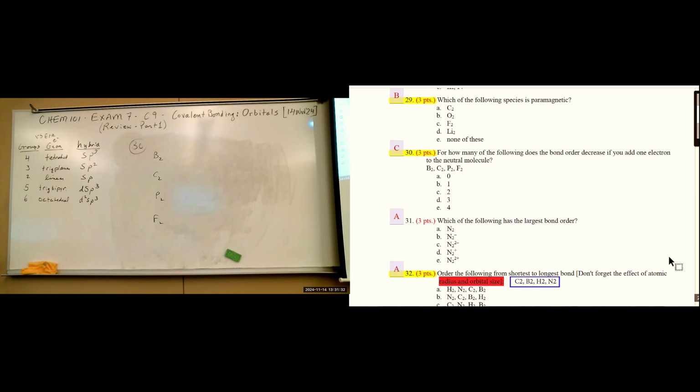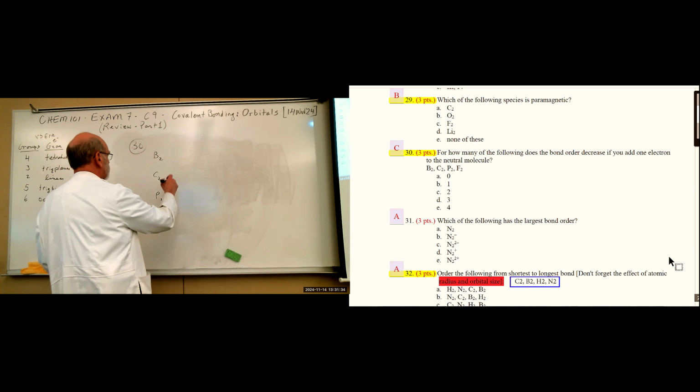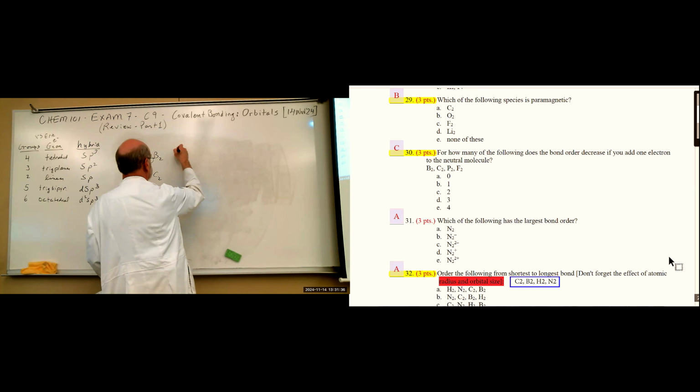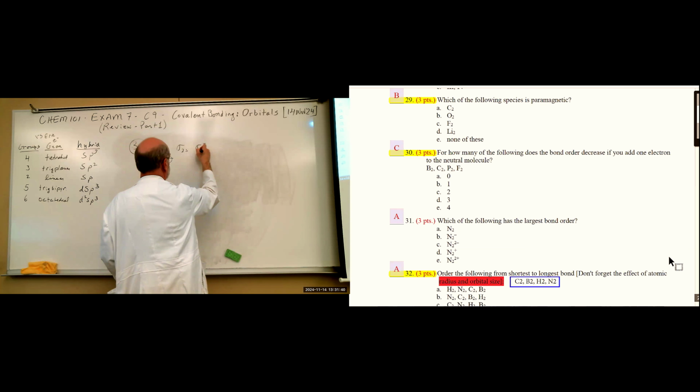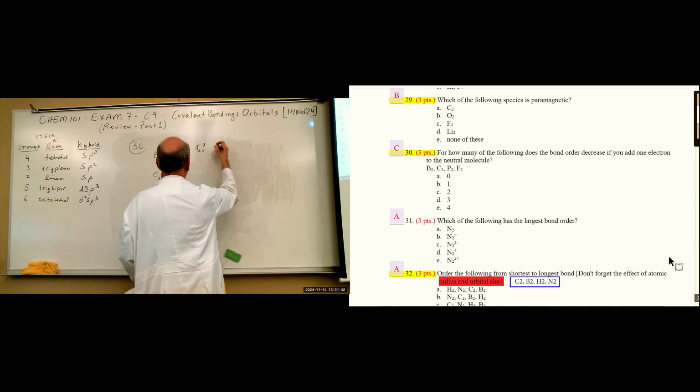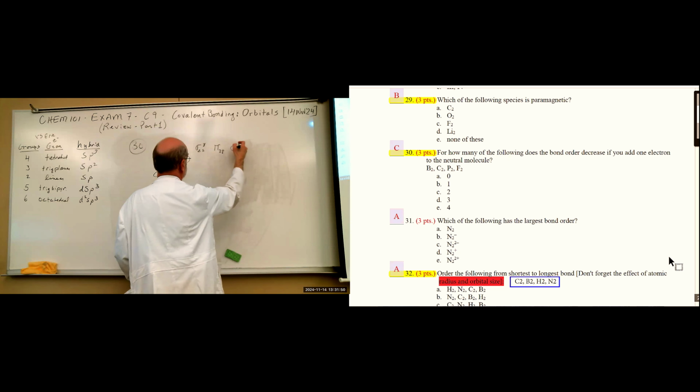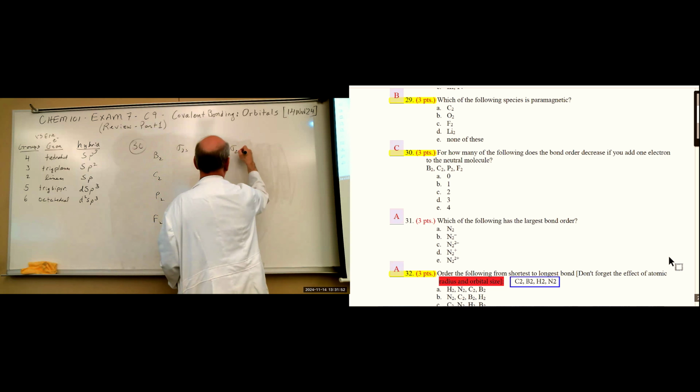Sigma, sigma star, and pi. This is sigma, sigma star, and boron, yes, pi, and sigma.